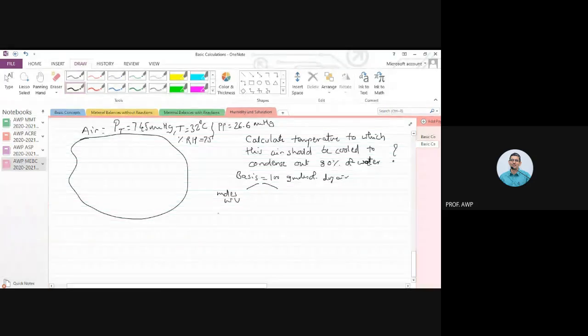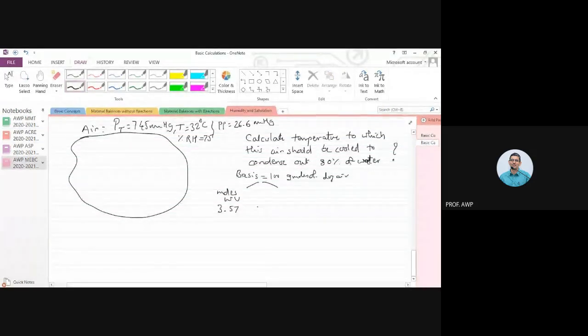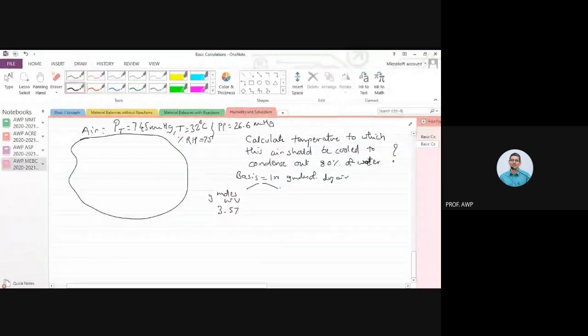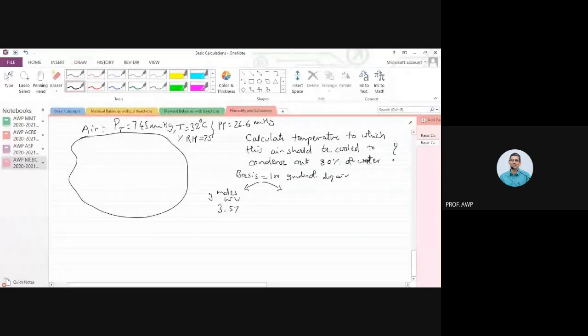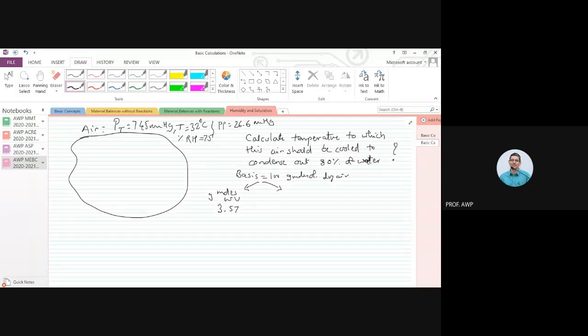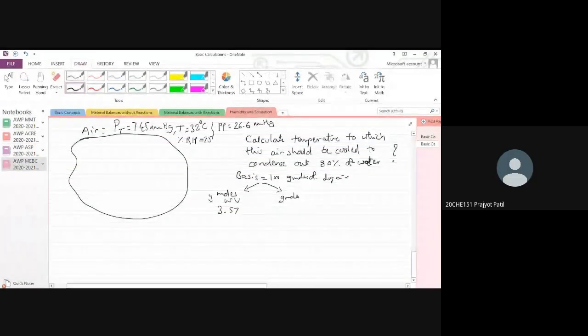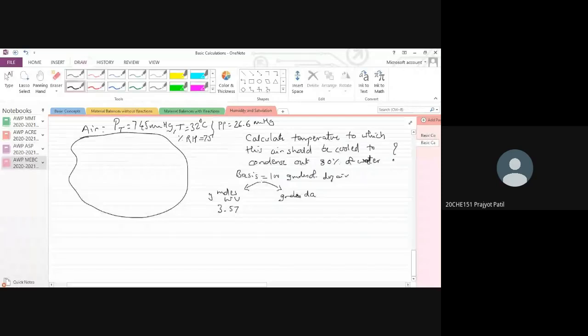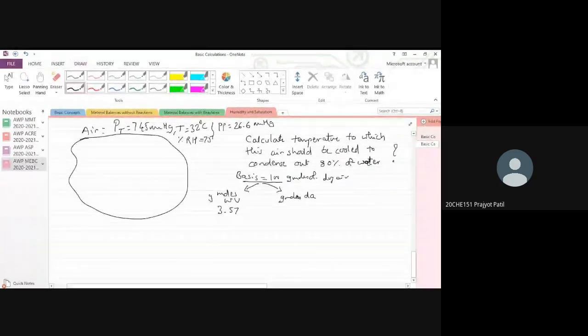So that means 3.57 gram moles of water vapor, and 100 minus 3.57 is 96.43 gram moles of dry air.